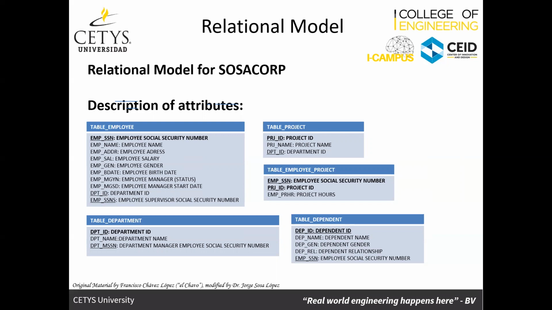So employees are always going to have EMP at the beginning, underscore a shorter text that identifies it. I'm putting in bold and underscore the primary keys. And I'm adding a very brief description. For each of the tables, we have that information.